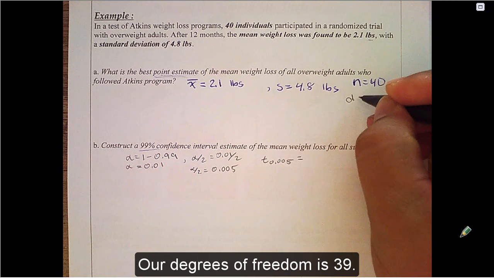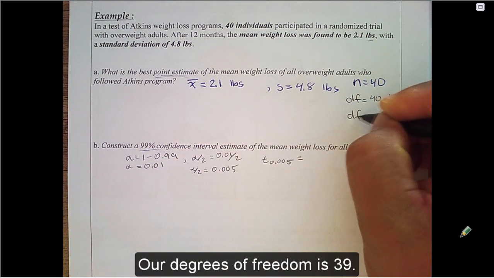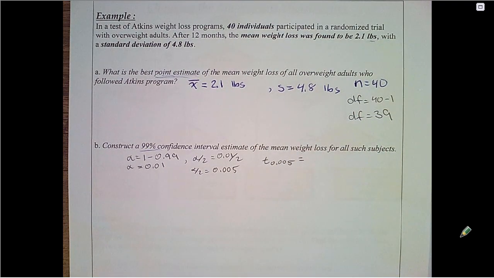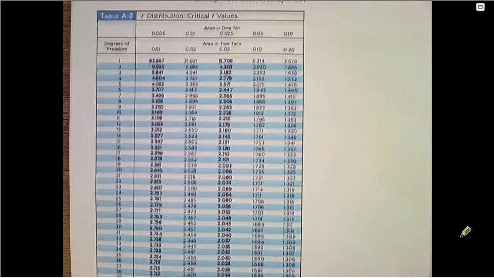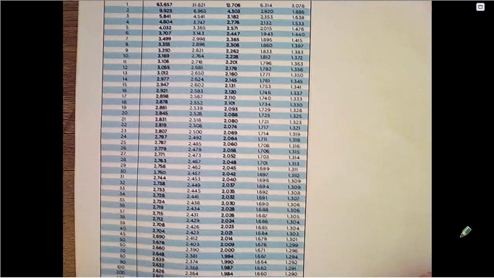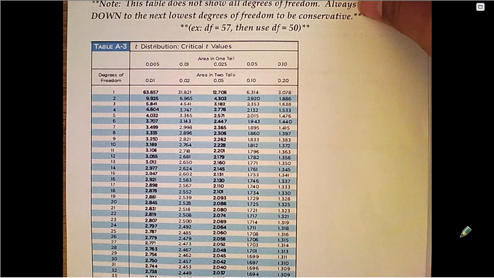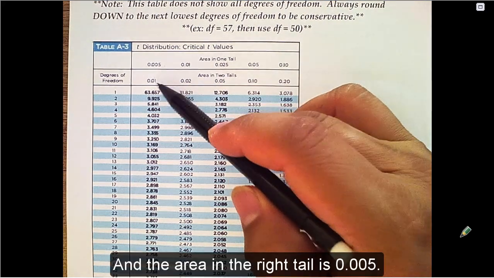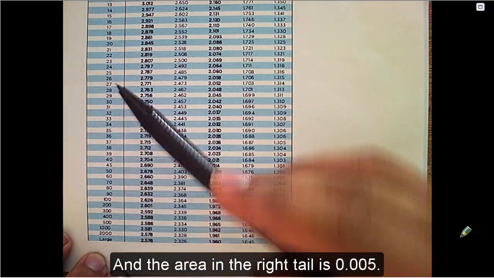Our degrees of freedom is 39, and the area in the right tail is 0.005.